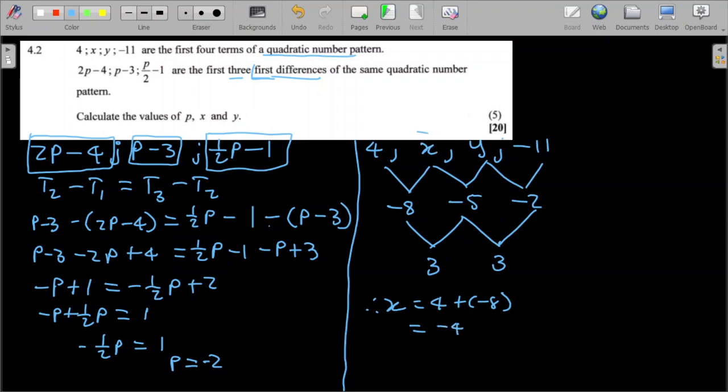Now I know here it's negative 4, so getting y is going to be that negative 4 plus the negative 5, which gives me negative 9. So x is negative 4 and y is negative 9. Then I found p, x, and y.